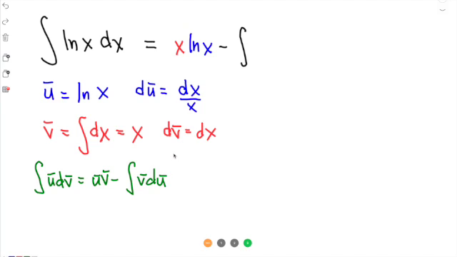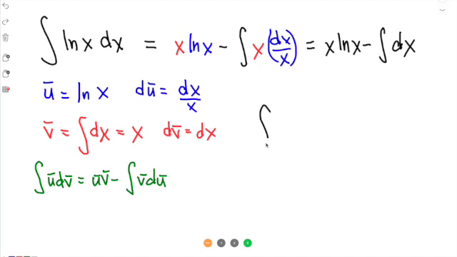Here we have v bar, that's x, and the derivative of u bar, that's dx over x, where we can just cancel the x and get the integral of dx. So the integral of ln x dx would be equal to x ln x minus x.